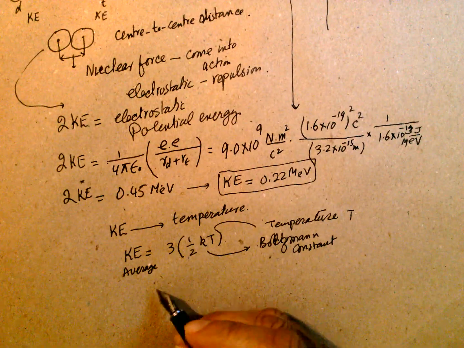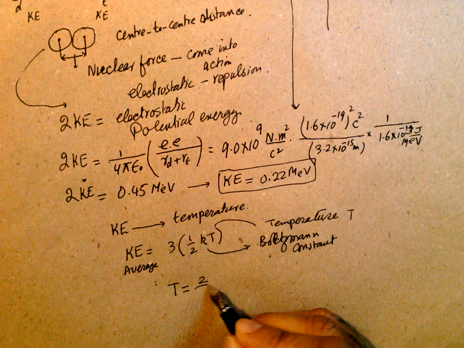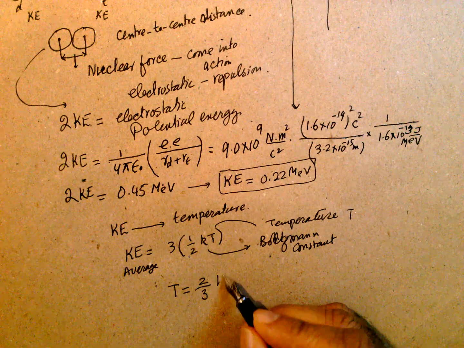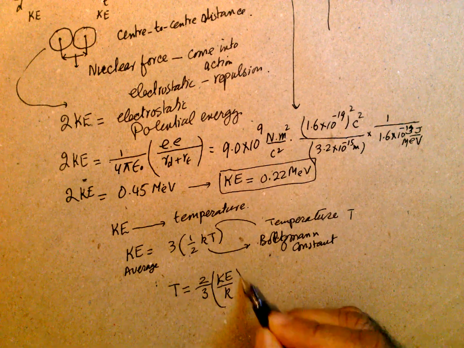So from here, T is equal to 2 by 3 Ke over Boltzmann constant.